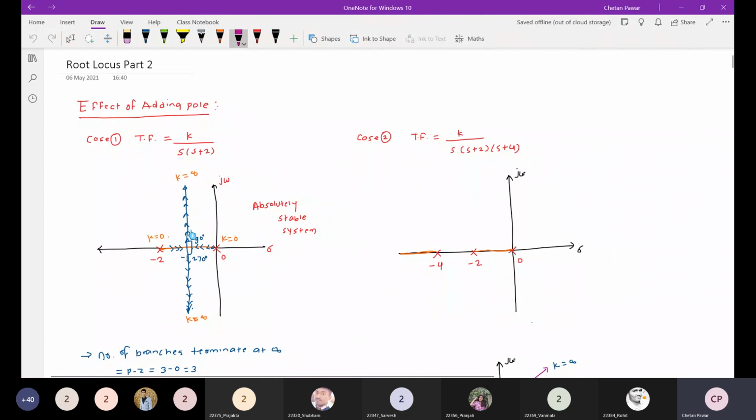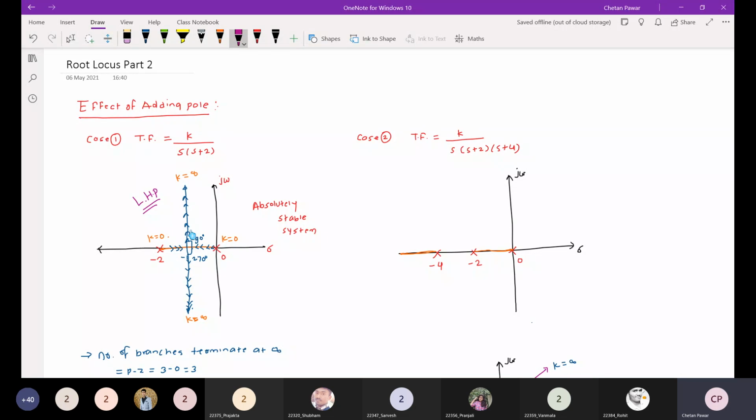The root locus branches are not moving to the right hand side of the plane. So we can say that this is an absolutely stable system. Even if you vary the gain K from 0 to infinity, the closed loop poles will traverse in the LHP only.